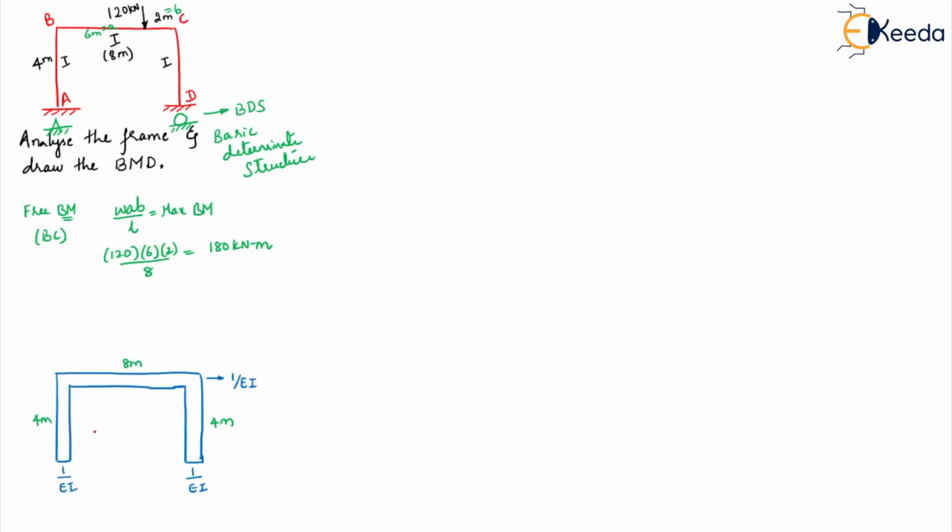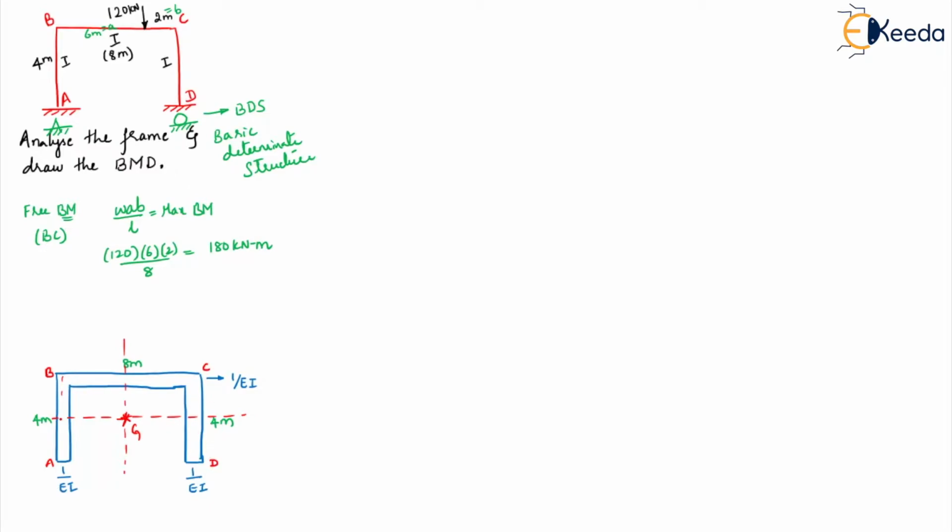Now, where will the CG of this come? So, if you try to draw it, the CG will come somewhere here, which we have to calculate. Let me name it as G. Okay. So this is point A, this is point B, this is point C, and this is point D.